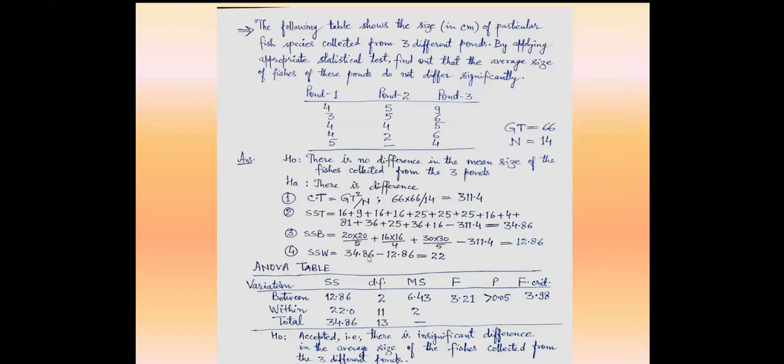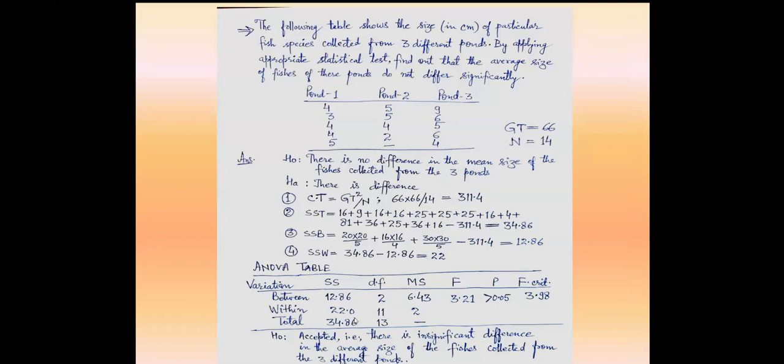And in the fourth step, we will be getting SSW, that is 34.86, the total SST, minus SSB, and getting here the SSW value. Now these values will have to be put in the ANOVA table.